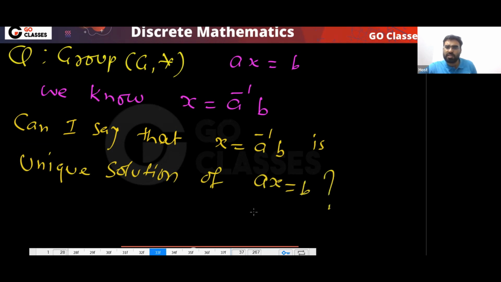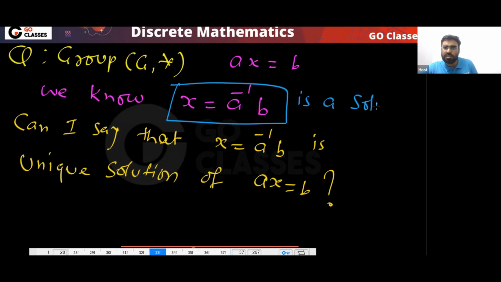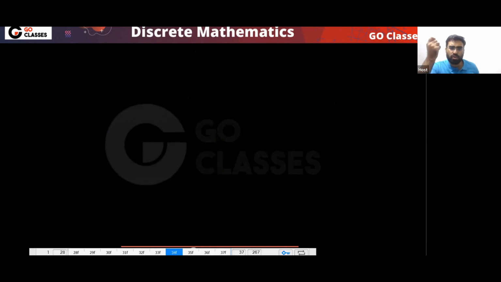We know this is a solution. We have seen that X equal to A inverse B is a solution. But can I say this is a unique solution? This is the question.